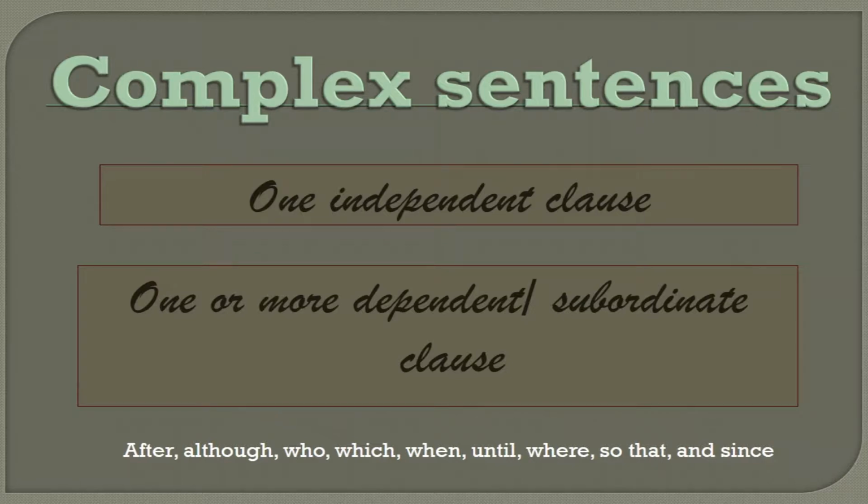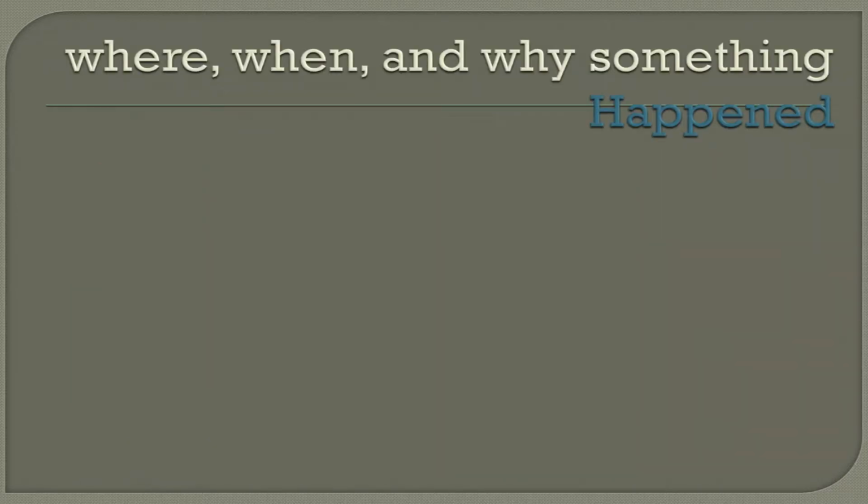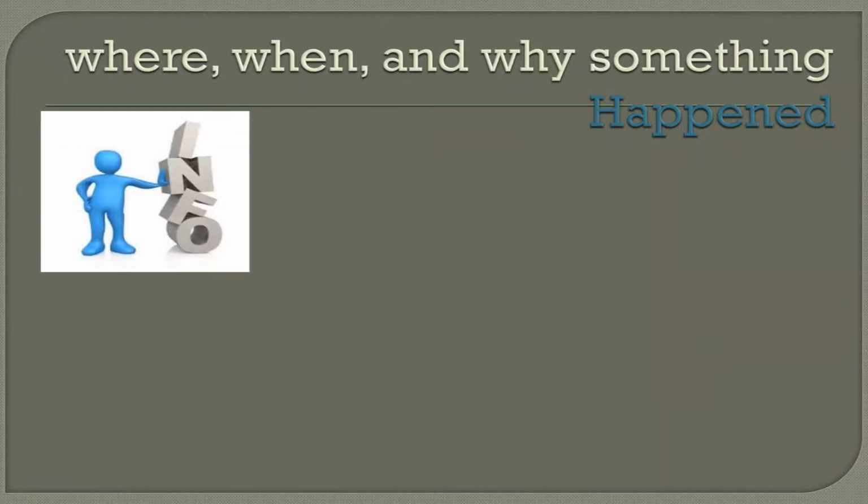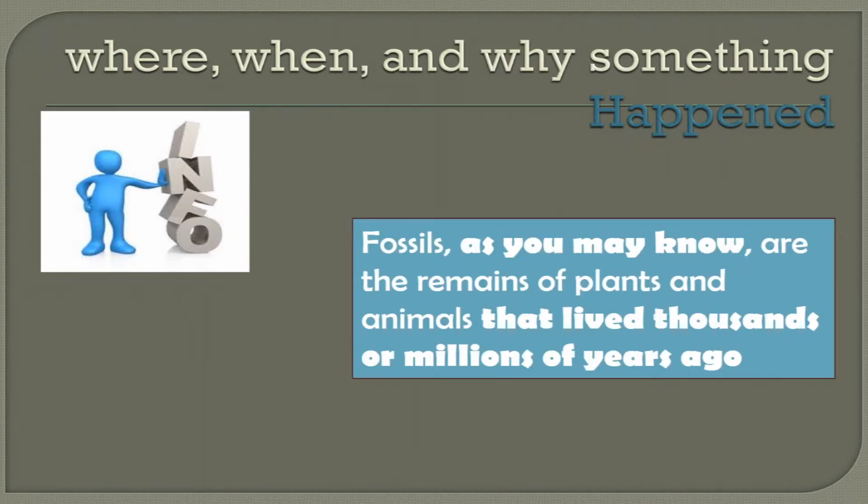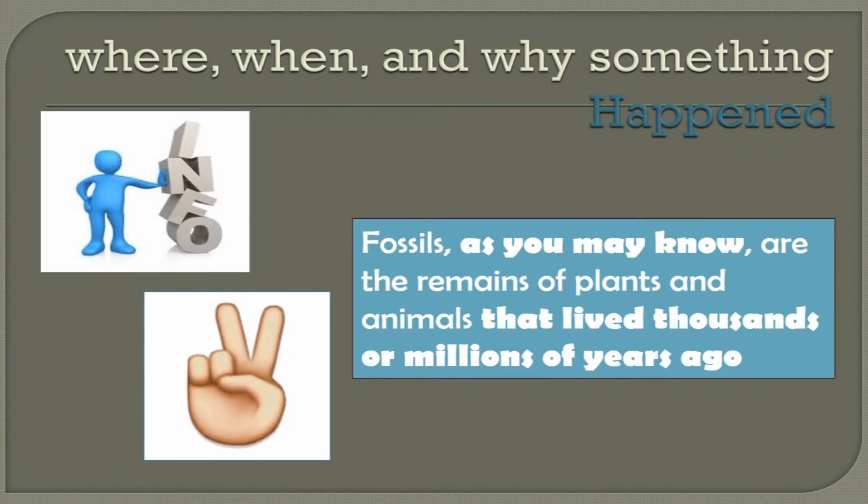These clauses can tell where, when, and why something happens, or can give more information about the people and things involved. Fossils, as you may know, are the remains of plants and animals that lived thousands or millions of years ago. In this sentence, there are two dependent or subordinate clauses.